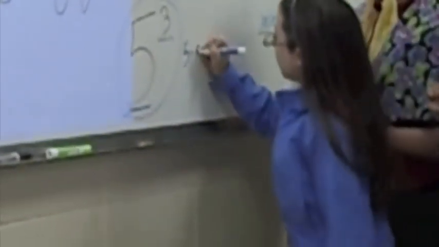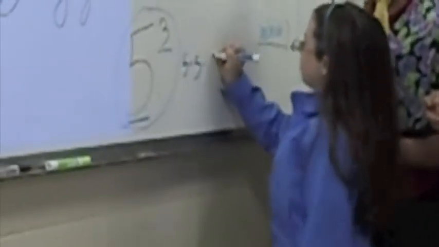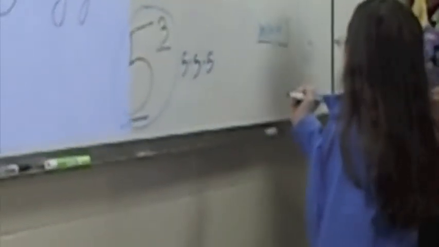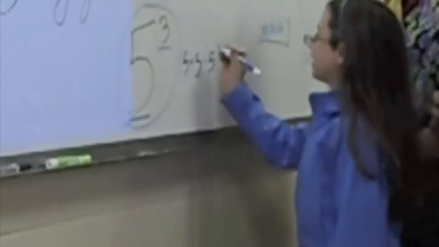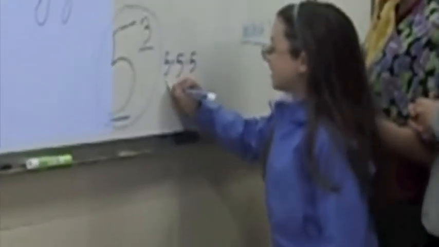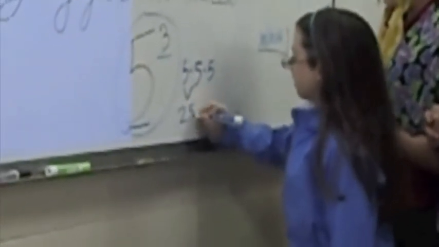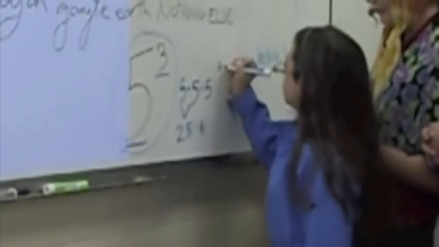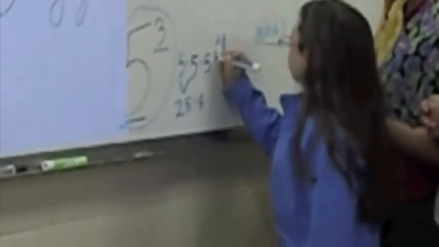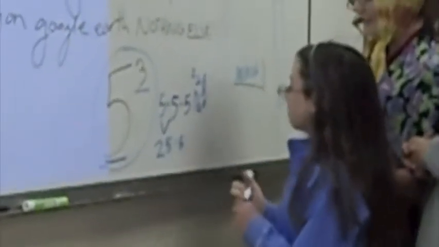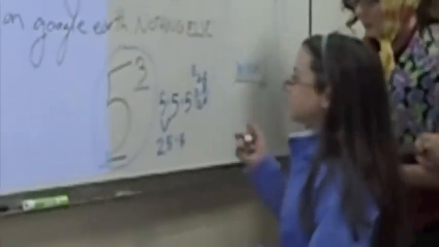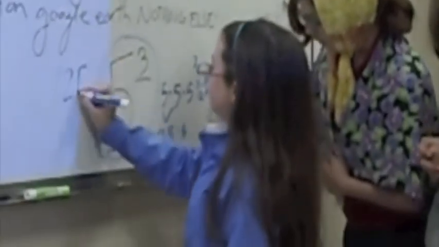So it's going to be 5 times 5 times 5. 5 times 5 gives you 25, times 5, which is 125. And so that would be your answer.